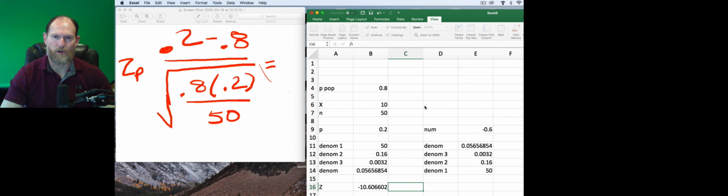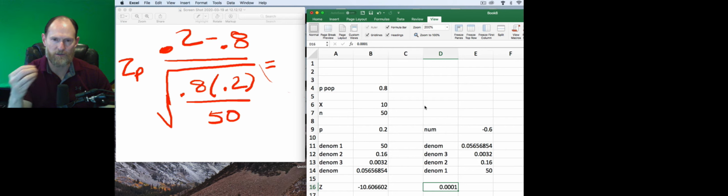So we know the probability that negative 10 is associated with is less than 0.0001, because the z-score table begins at negative 3.6.